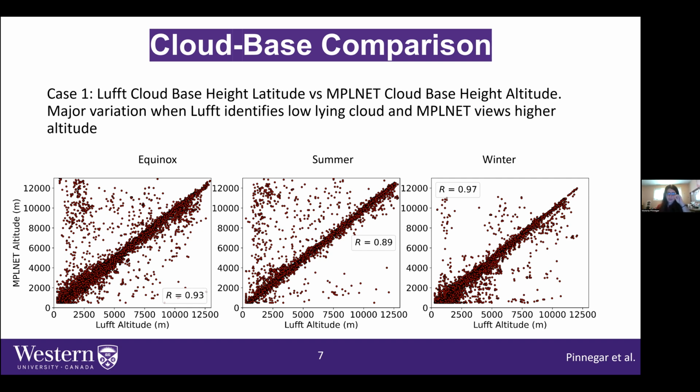So utilizing the Lufft ceilometer product and the MPLNet product, we looked at a one-to-one comparison of each of their simultaneous detections for the first layer. The vertical populations above the regression line should be relatively consistent if it were just a bias due to overlap.